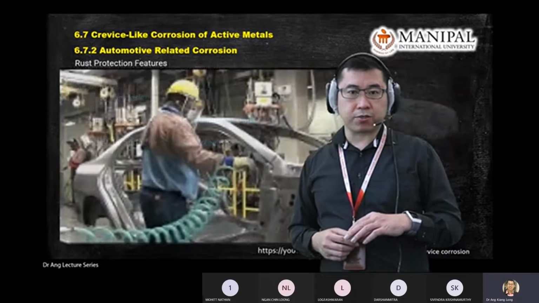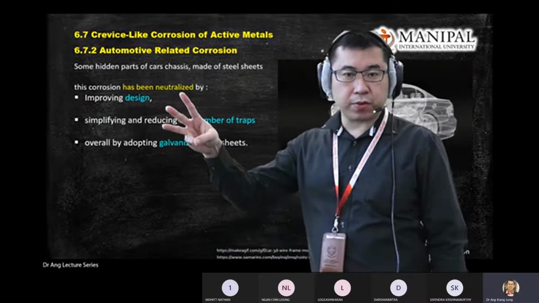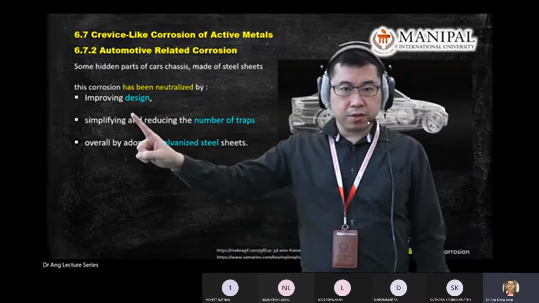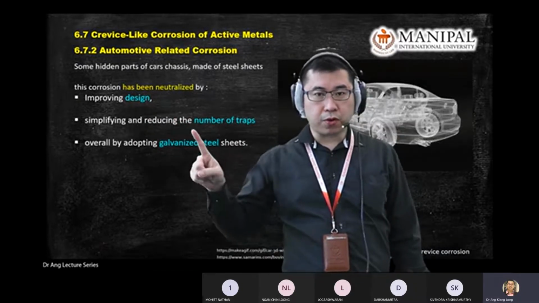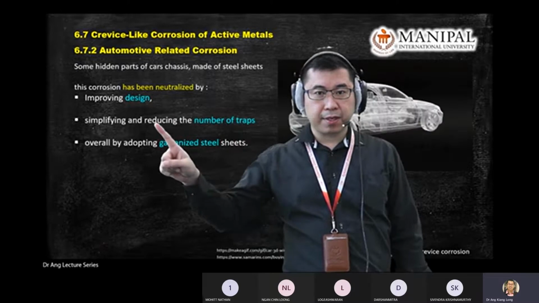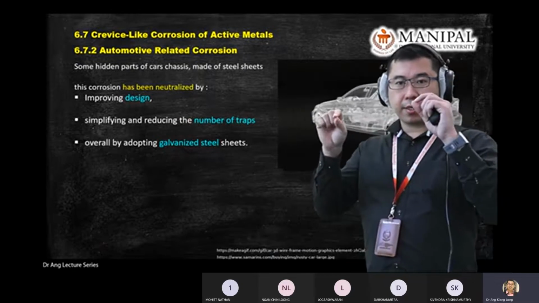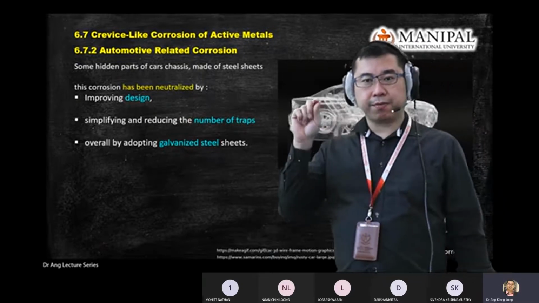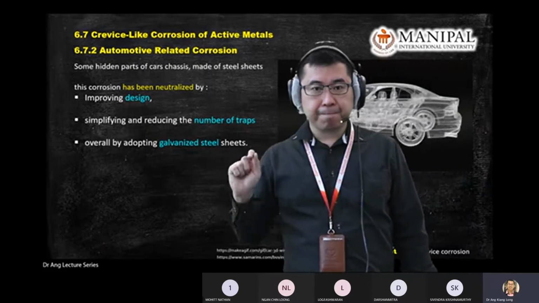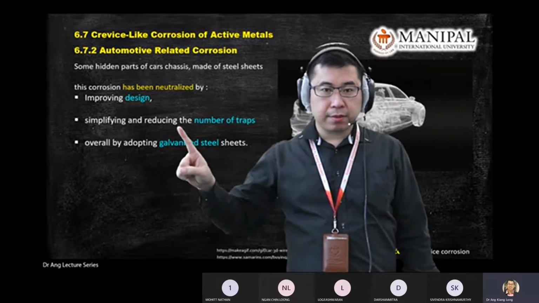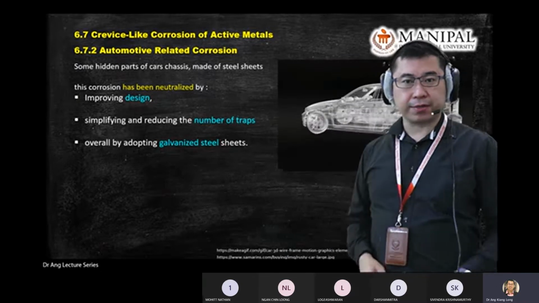So these are the strategies to neutralize the corrosion. There are 3 ways in automotive. 1, you improve the design. 2, you look for the traps in the design and reduce them, or you simplify the rivet hole or how you join the 2 metals together. And 3, you adopt galvanized steel sheet in the car design.